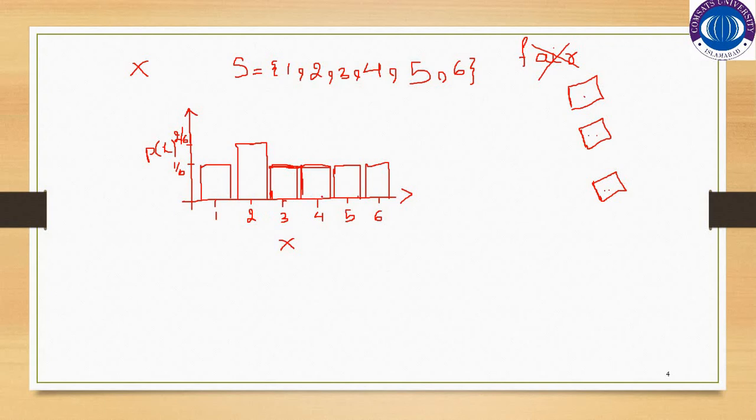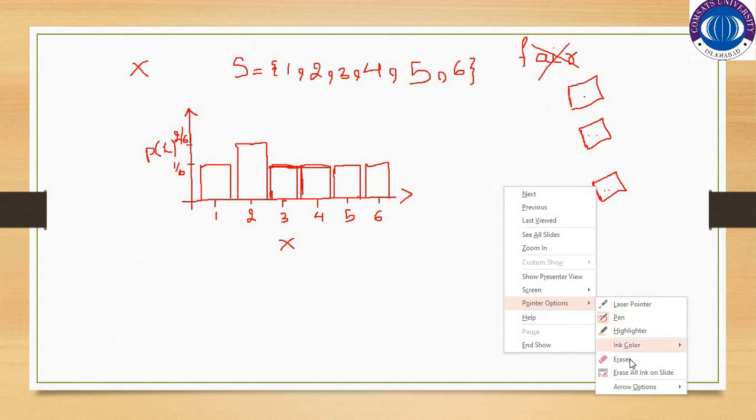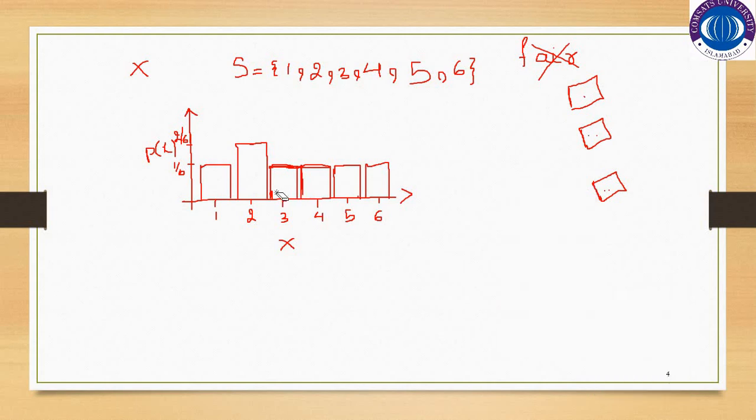Now, what are the chances of the outcome 3? As one of the dots is removed from here, there is no chance of occurrence of the outcome 3, because none of the faces have 3 dots. So it has 0 probability or 0 chances of occurrence. Rest will remain the same.